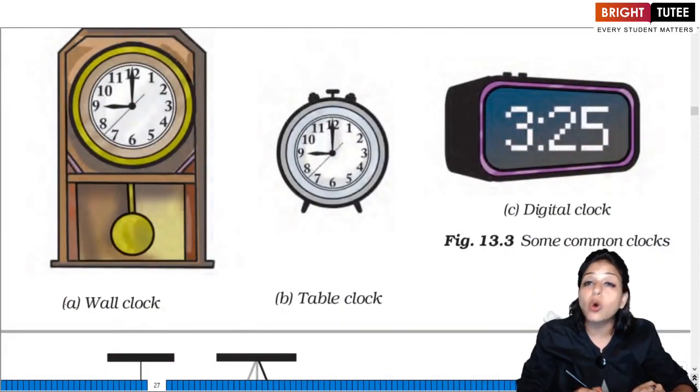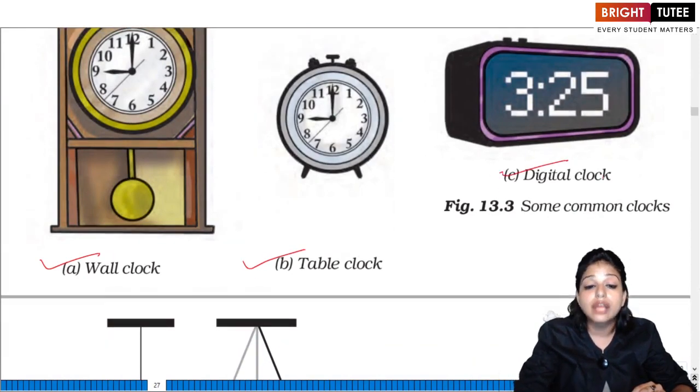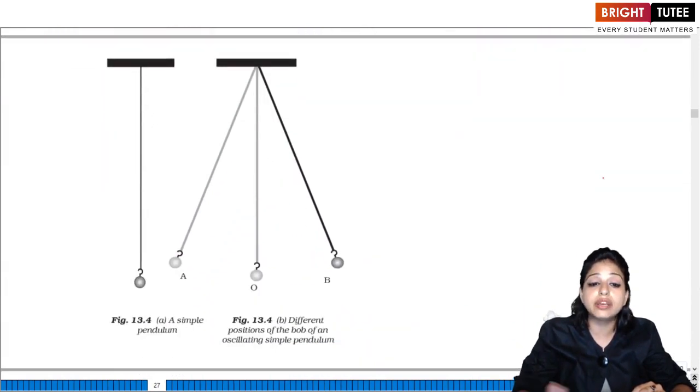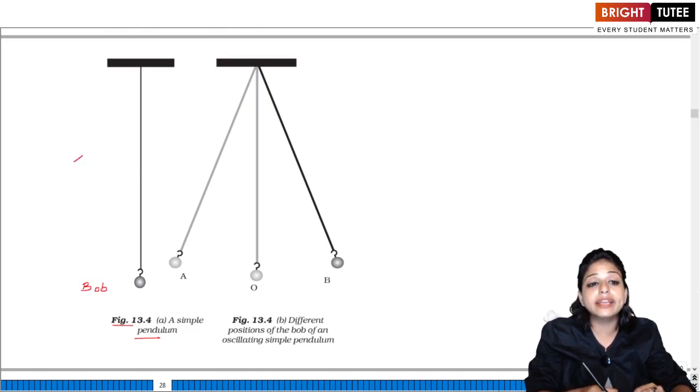Talking about all the clocks, the wall clock, the table clock, even the digital clock, they all use which motion? The periodic motion. So a simple pendulum is nothing but a simple bob, that is a metal ball hanging with a string from a fixed support. When you disturb it, what happens?